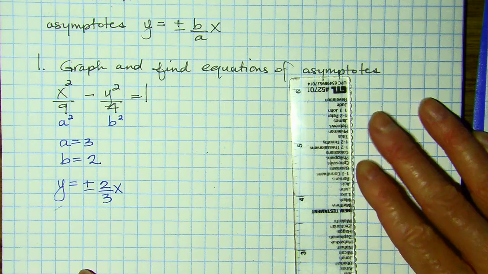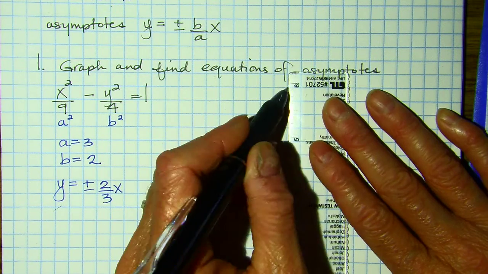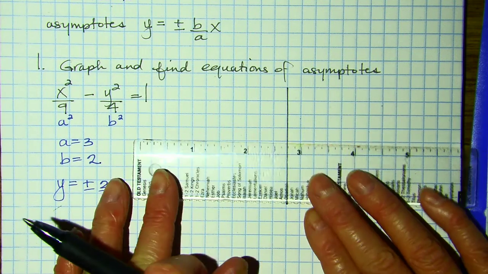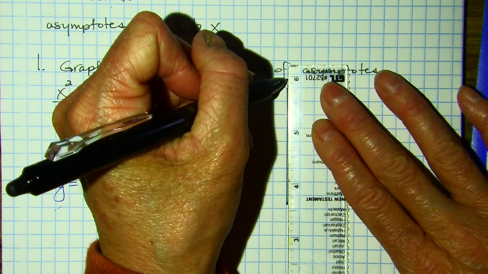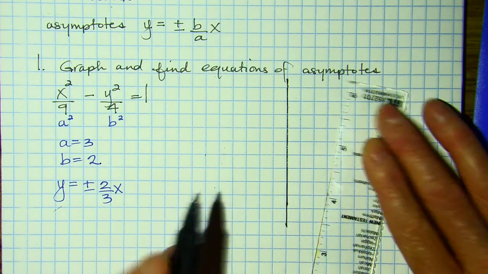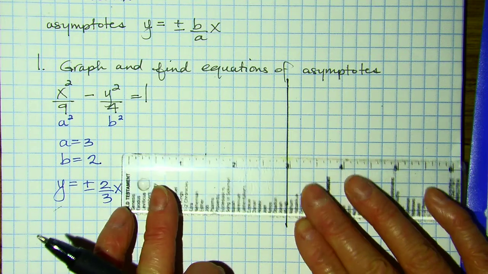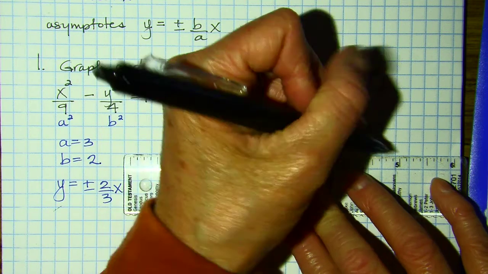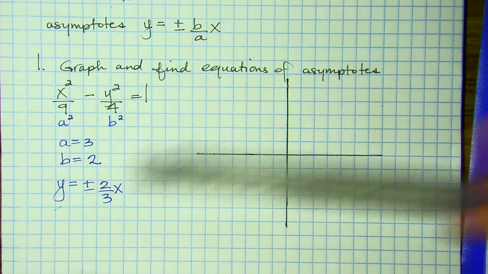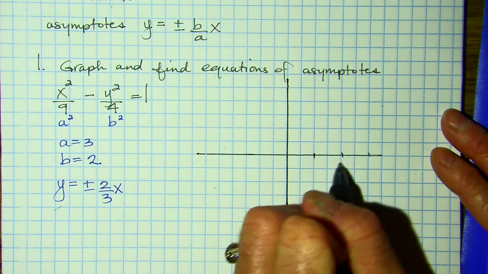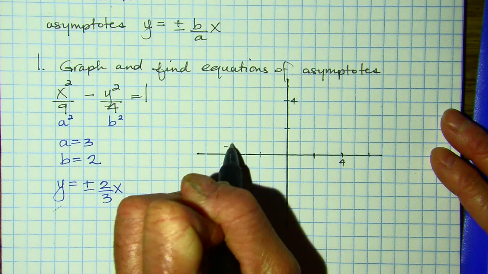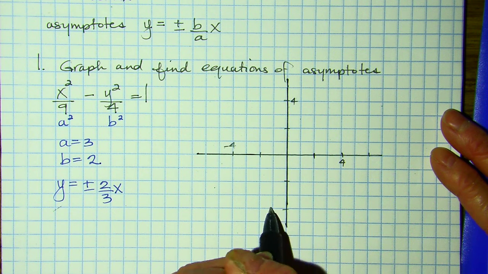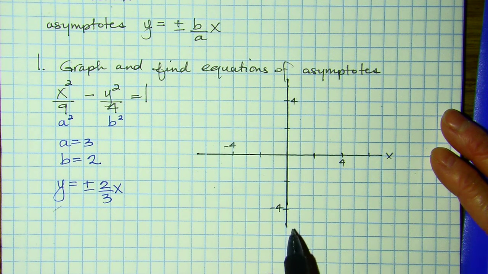Are you ready? Our center is at 0, 0. So I should make that much bigger. And I'm going to label just a couple: 2, 4, negative 2, negative 4. So here's x, here's y.